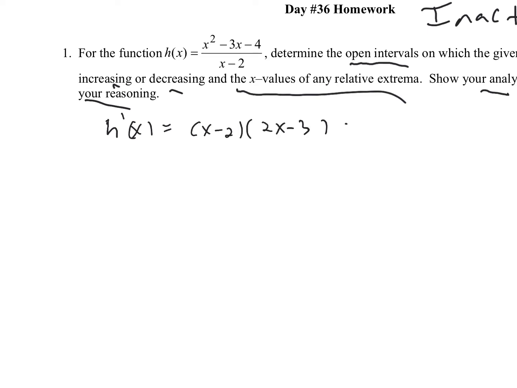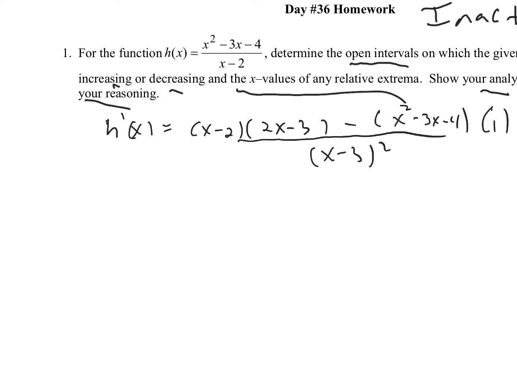Then we subtract the top, x squared minus 3x minus 4, times the derivative of the bottom, which is just a plain 1, all over the bottom squared.